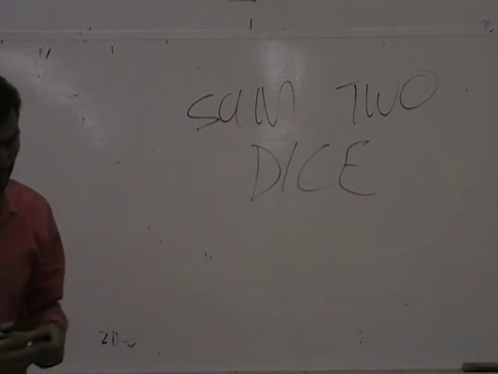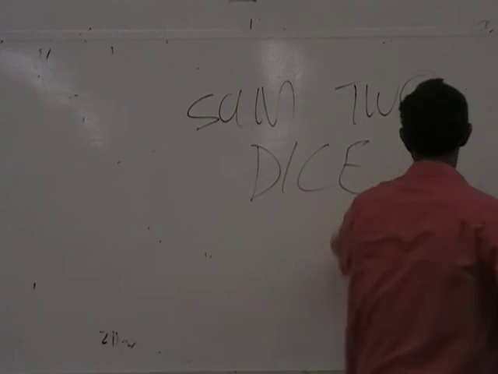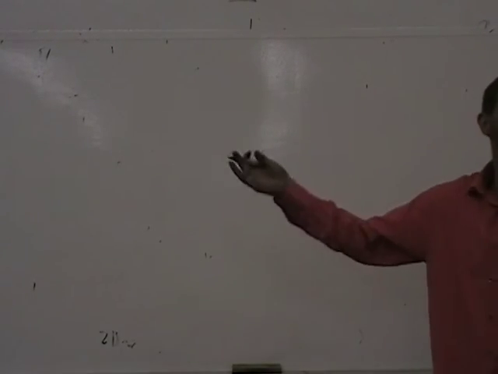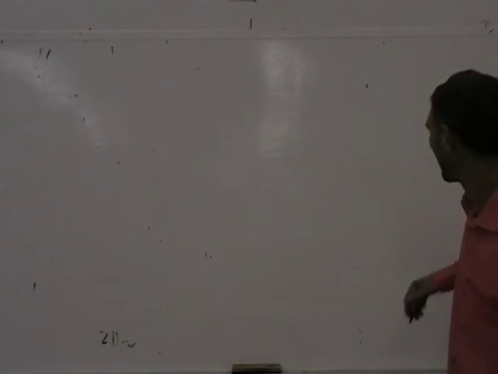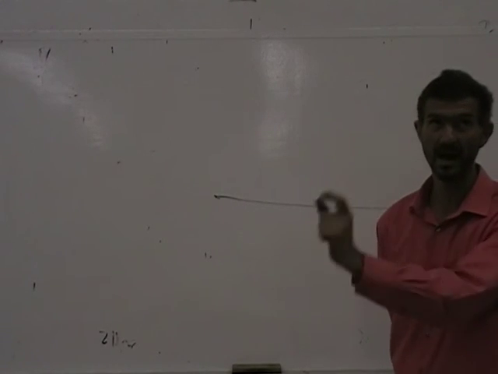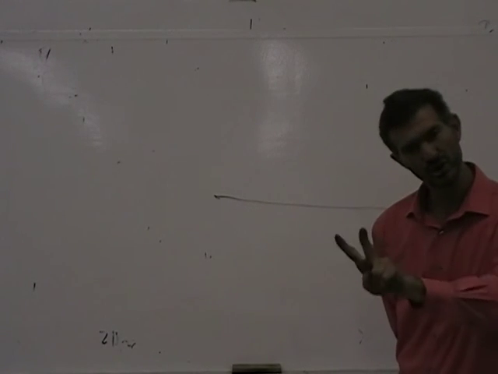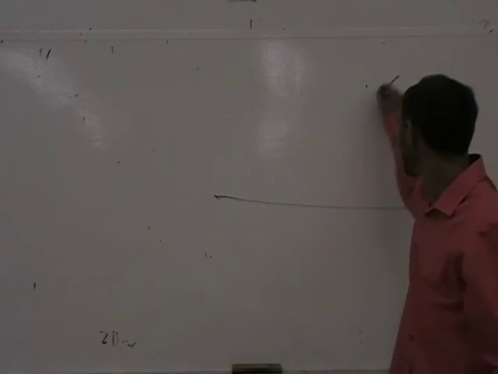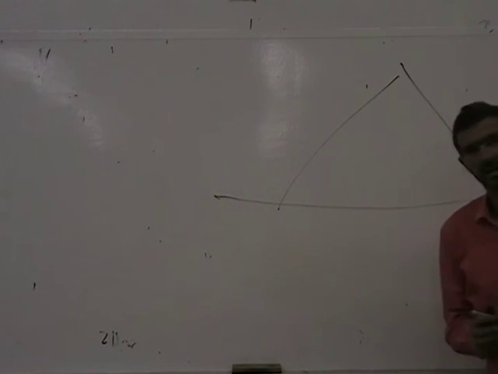dice. When you search that, you will undoubtedly find some sort of Wikipedia page that has a distribution of the sum of two dice when you add up the numbers. And it looks like that.